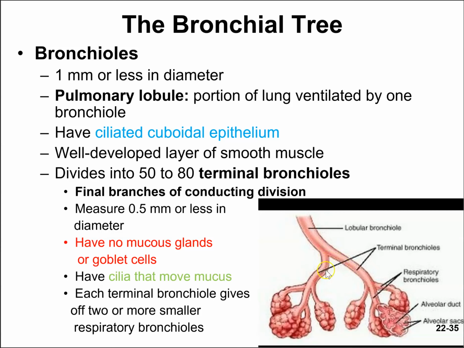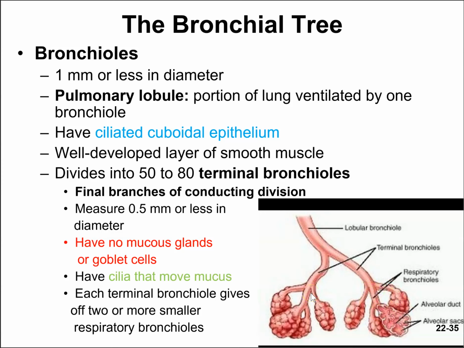So you do not have any mucus membranes over here, and the terminal bronchioles are where you have the alveolar ducts and the respiratory bronchioles. So this over here is the site of gas exchange.